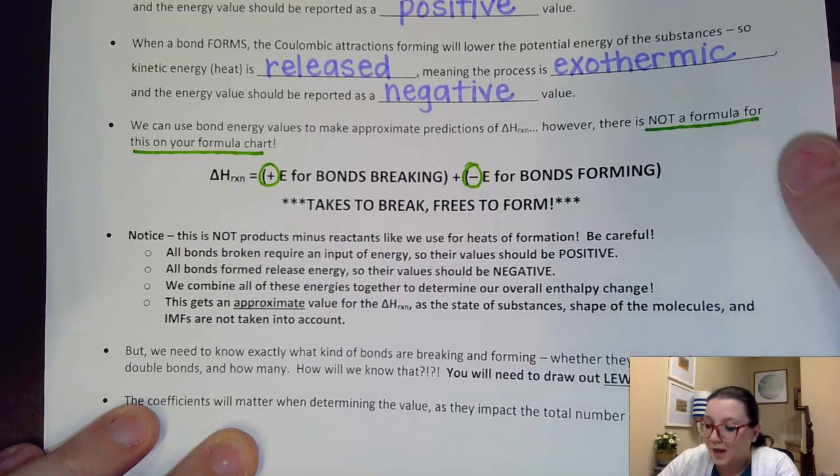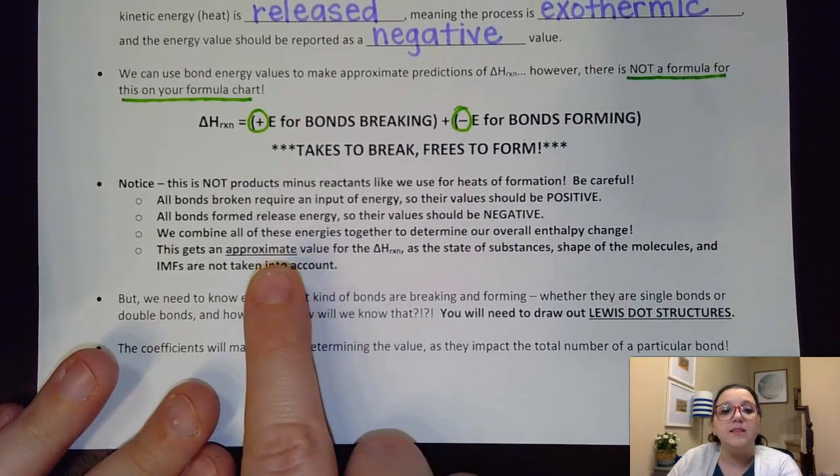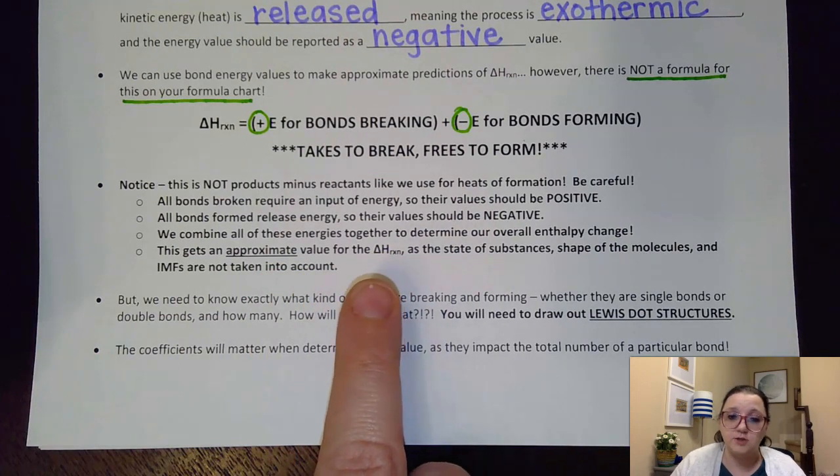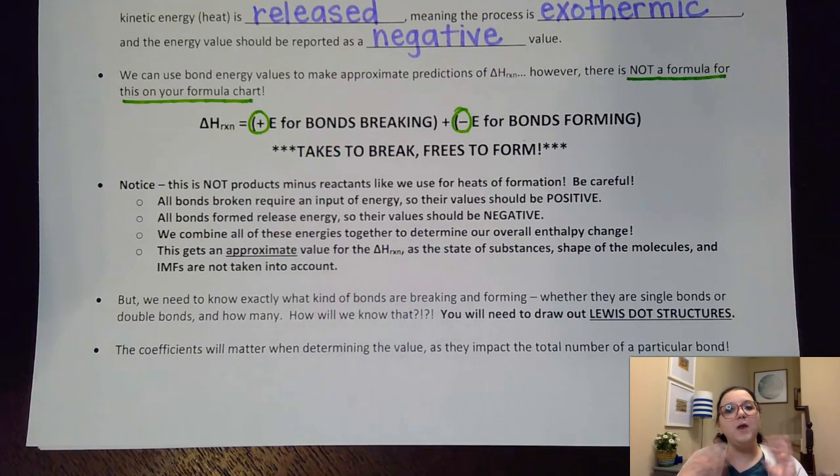Also, I do want to mention down here that this only gets an approximate value for the delta H of the reaction. The reason is that when I'm given a bond energy data table, it in no way indicates what state the substances are in. It doesn't indicate the shape of the molecules, which can sometimes increase or decrease those energies.